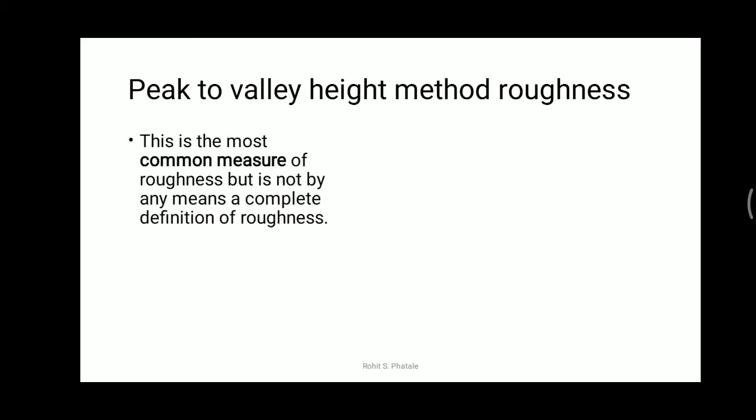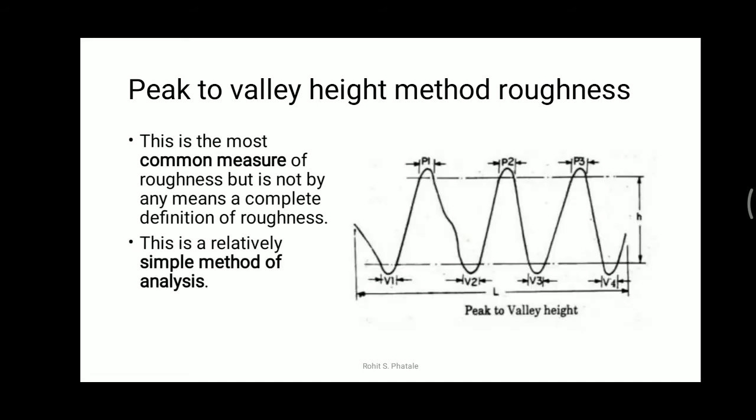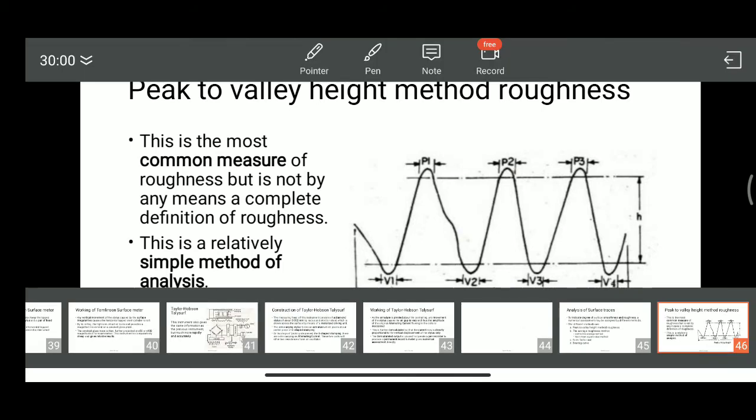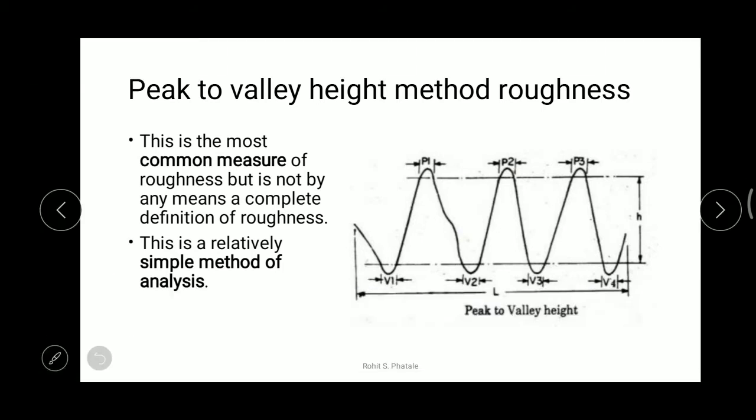In this method we will have to do some analysis with the help of this diagram. So you can see the diagram over here. First of all let us discuss this. This is the most common measure of roughness, but it is by no means a complete definition of roughness.